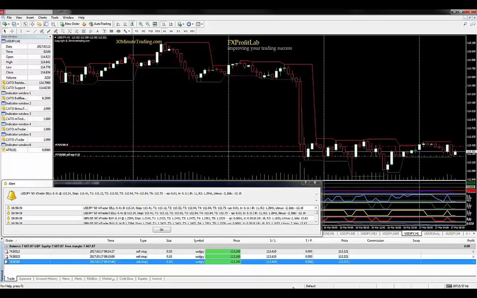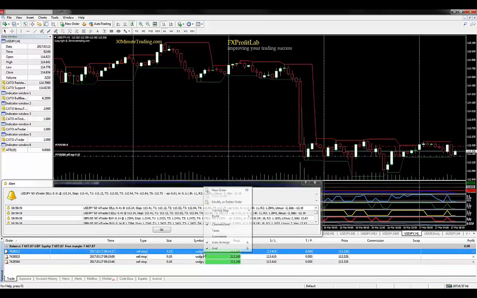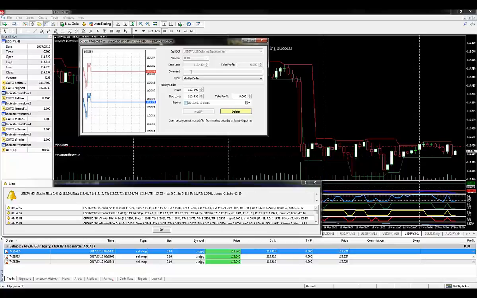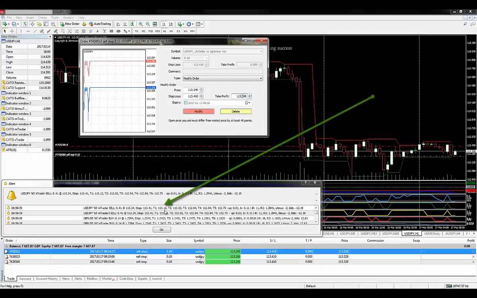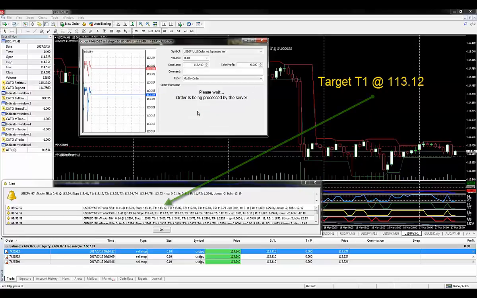We could then go through and put on our targets of T1, T2 and T3. So let me show you how you do that. You modify the trade. Okay, so we've got it sitting there. We want to modify that. We want to put the target in 113 point. T1 is 12, 1, 2. We modify that one.